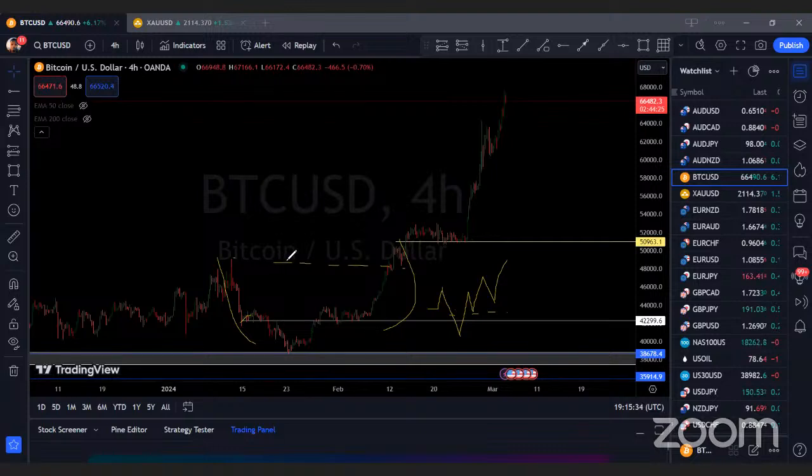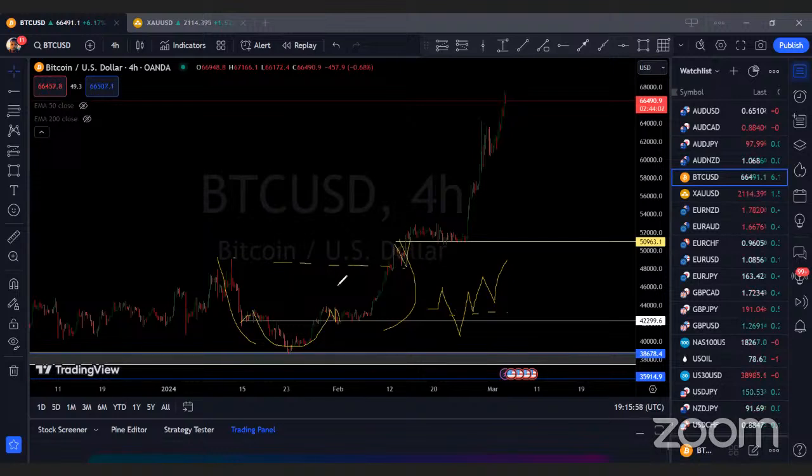Now, if you are thinking, why should it be a cup and handle and why should it be an inverse head and shoulders, you need to go into dissection of patterns and how to break down patterns to understand what the market is actually communicating. On the bigger side, I also said we have a cup and handle here. Then we have another cup and handle.